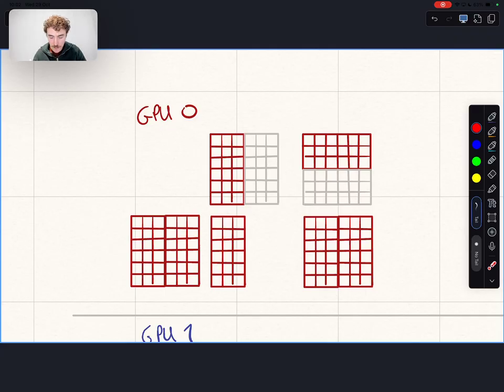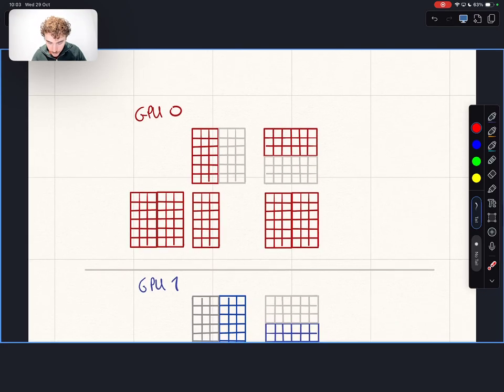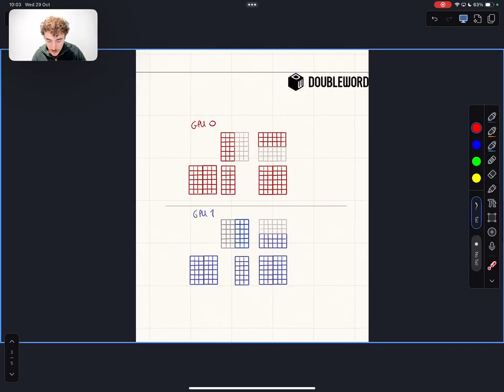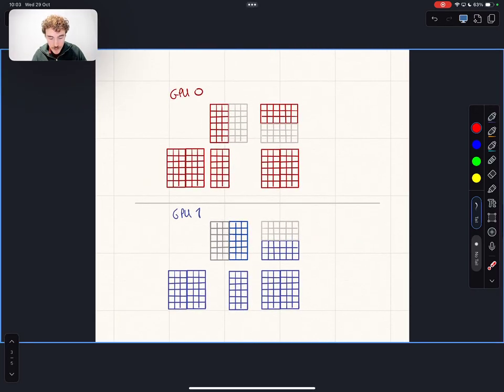And so we'll analyze how you can do a bit better than the above parallelism scheme. What we do is take each pair of matrix multiplications and split them along different dimensions. The first one we split along the column like this, and the second one we split along the row like this.